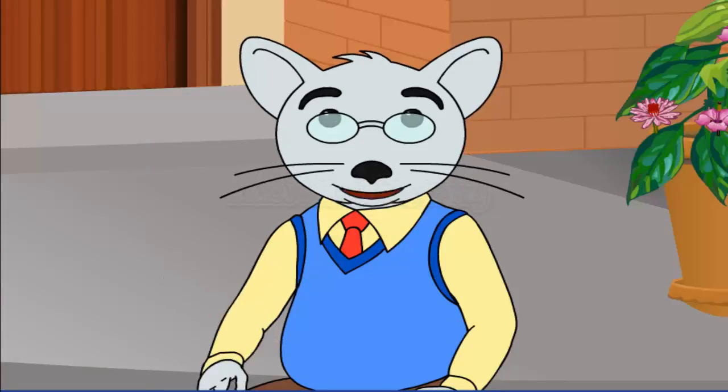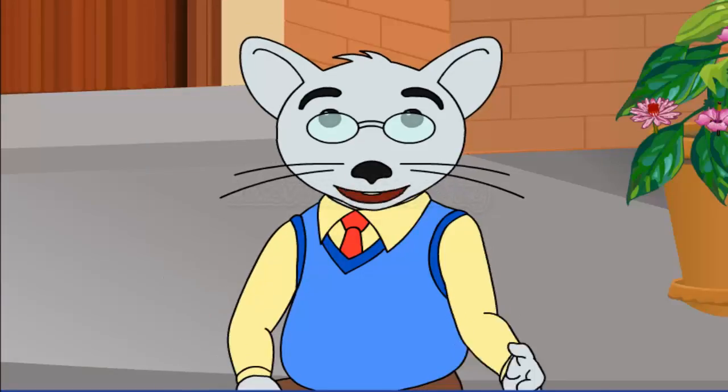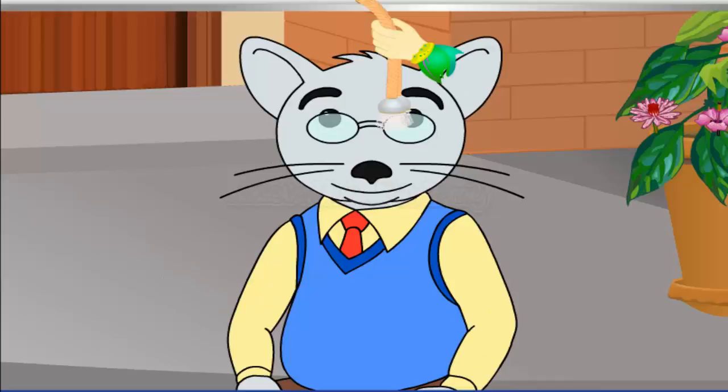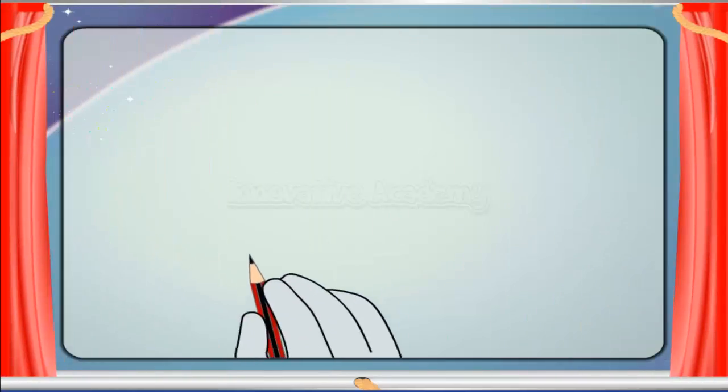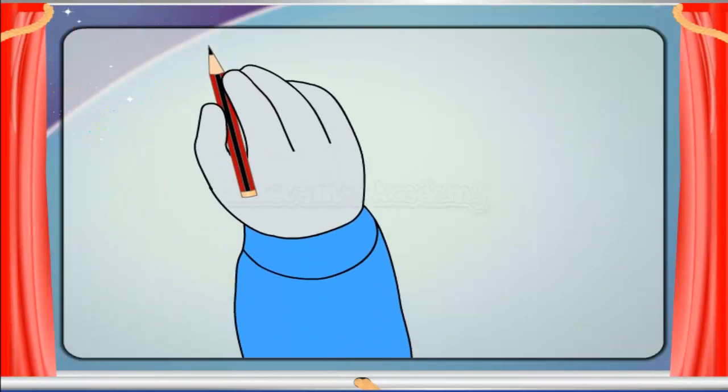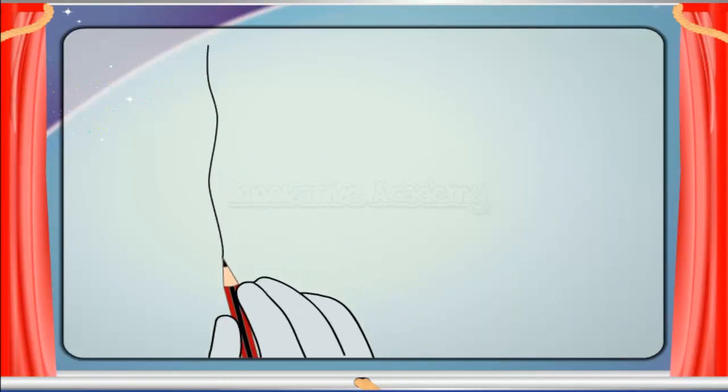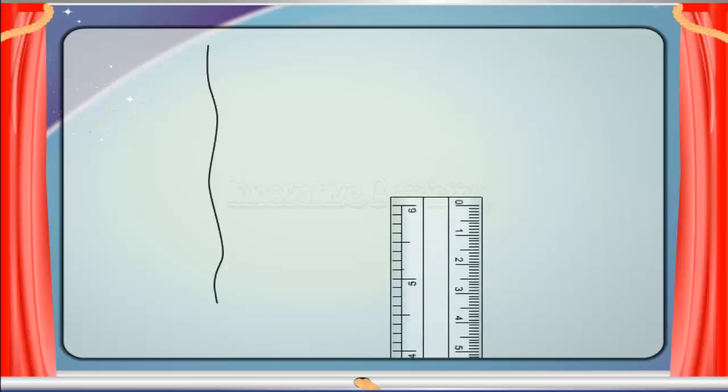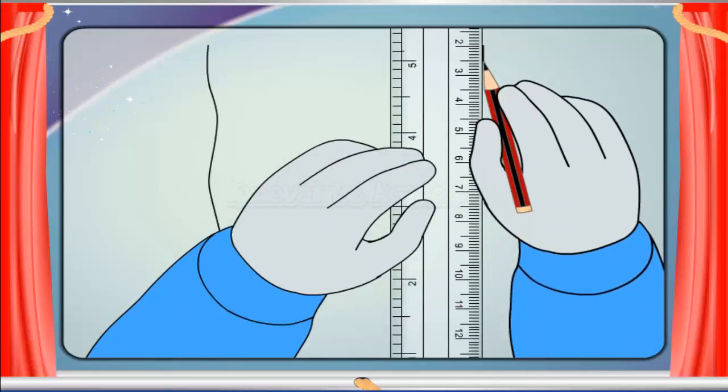Dear students, look here again. Let me draw a line with my hand. Look at this line. What does it look like? Now, let me draw another line with the help of this ruler.